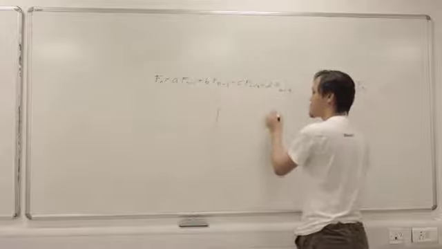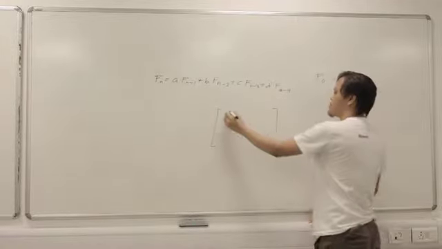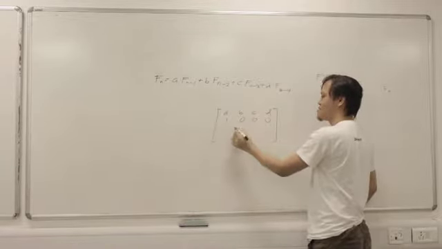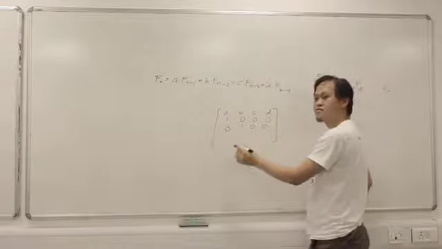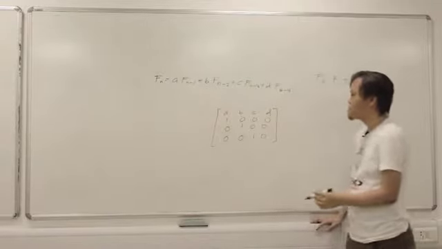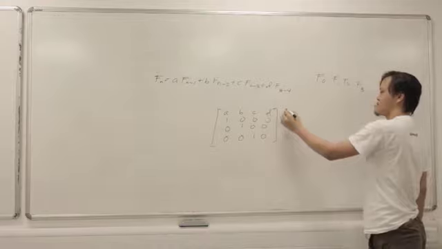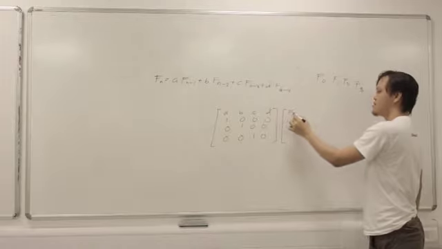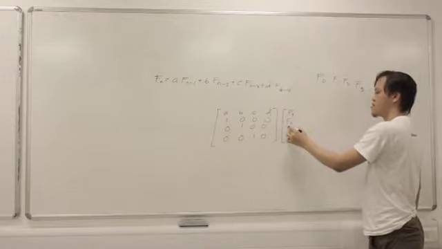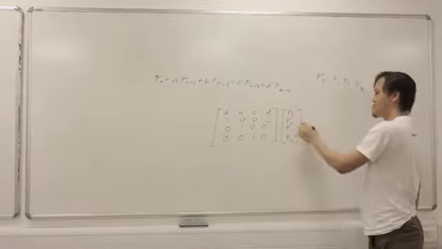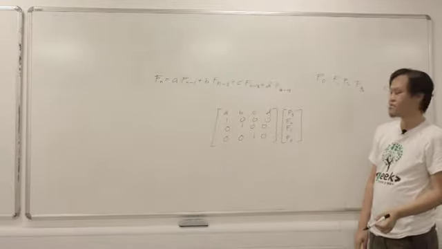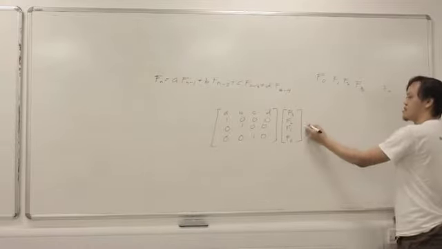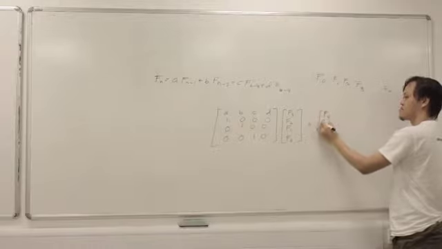In the first row there will be A, B, C, D. Then 1, 0, 0, 0. Then 0, 1, 0, 0, and 0, 0, 1, 0. And then we multiply with another matrix, a 4 cross 1 matrix: F3, F2, F1 and F0. What we get is the next values, another 4 cross 1 matrix: F4, F3, F2, F1.